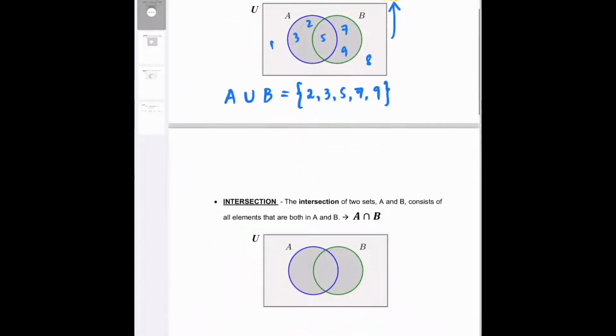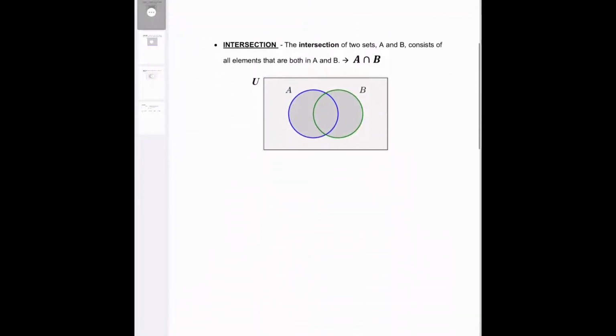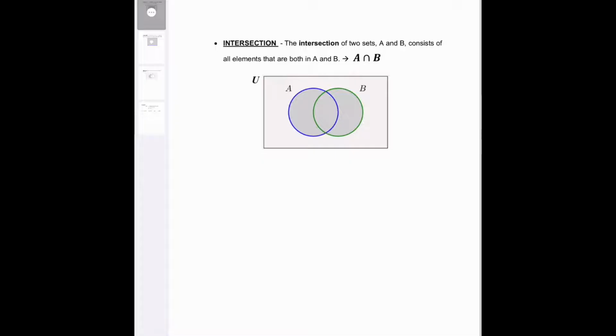For the next operation, we have what we call the intersection of two sets. The intersection of two sets A and B consists of all elements that are both in A and B. So this is how A intersection B is written.